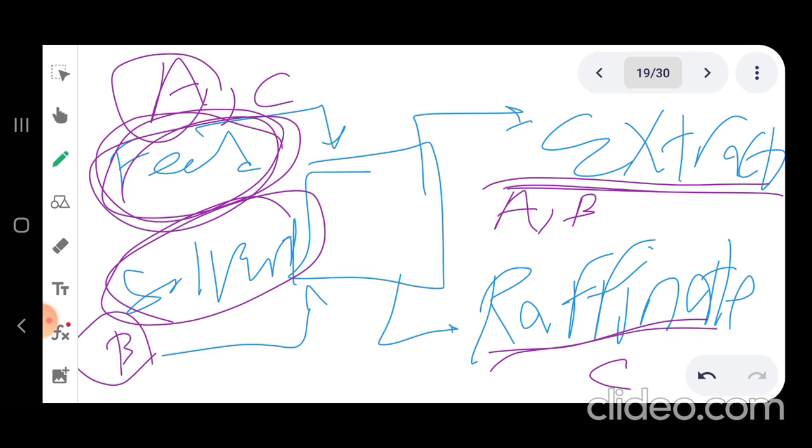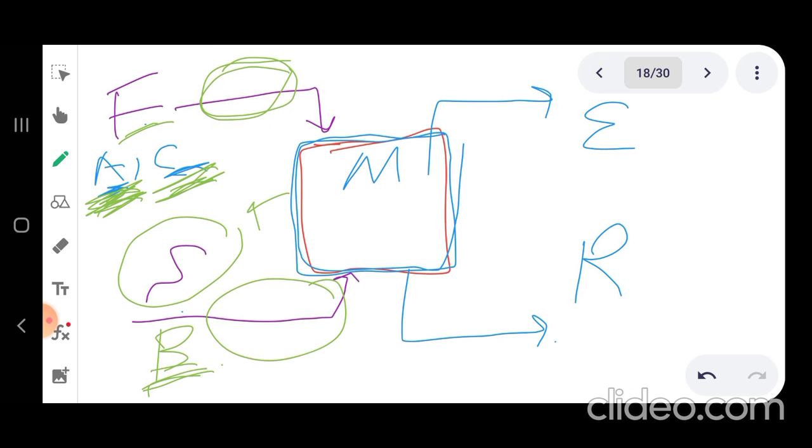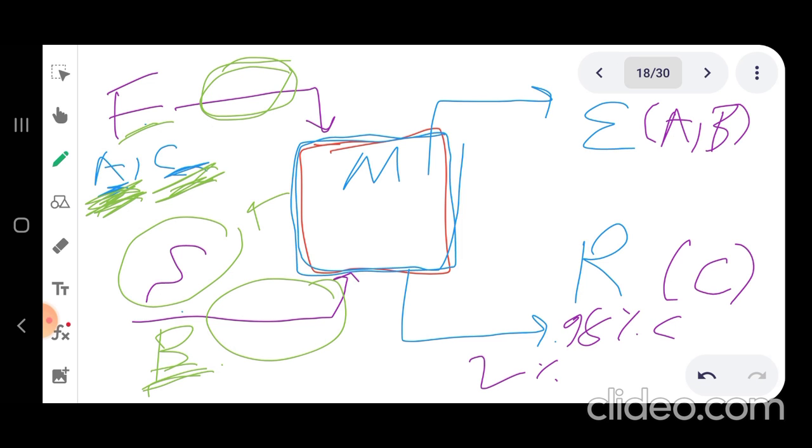So we can go back here and say that this extract contains mainly A and B, solute and solvent, and this raffinate contains mainly C. But again, sometimes it's not only C, it could be the case, for example, 98% C and, for example, 2% B or 2% A. But mainly it is C. So as we said before, E, extract, is a stream.